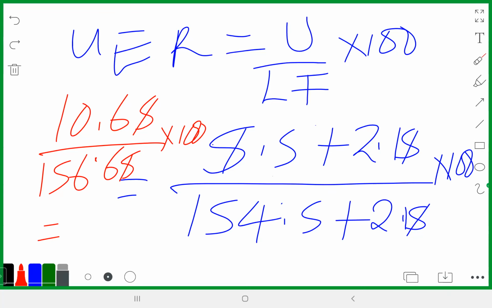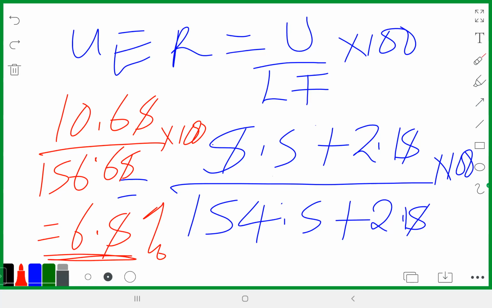What's the new unemployment rate? 6.8%. Yes, that's what is there.